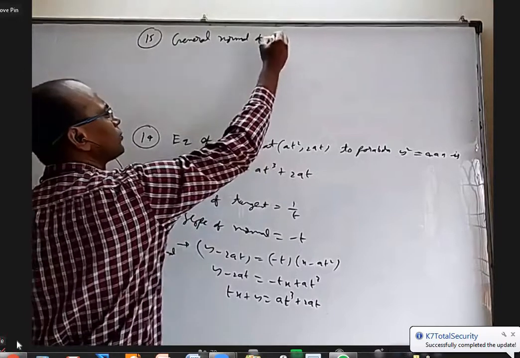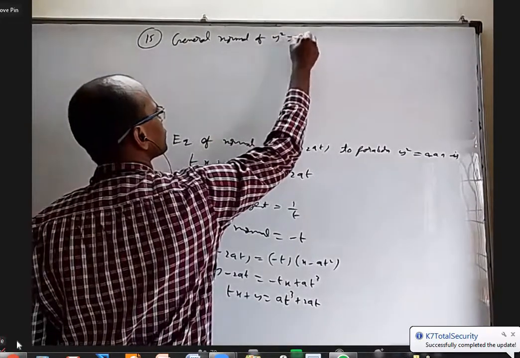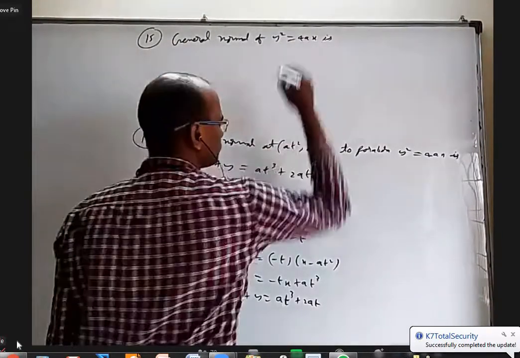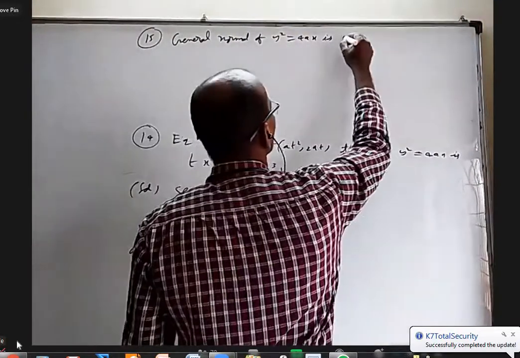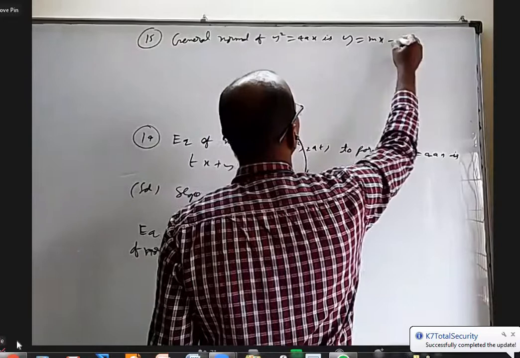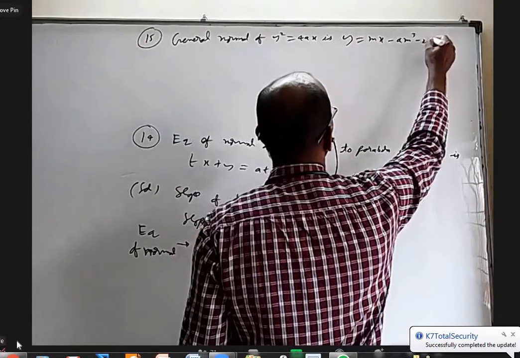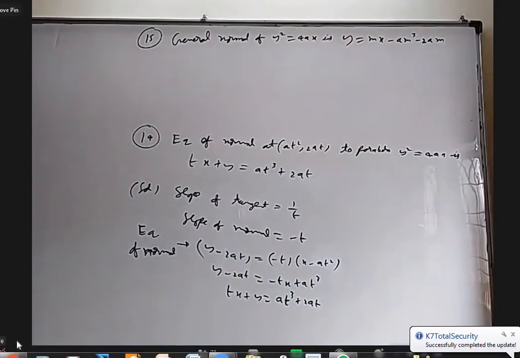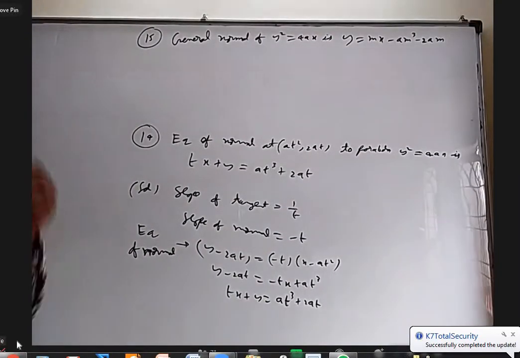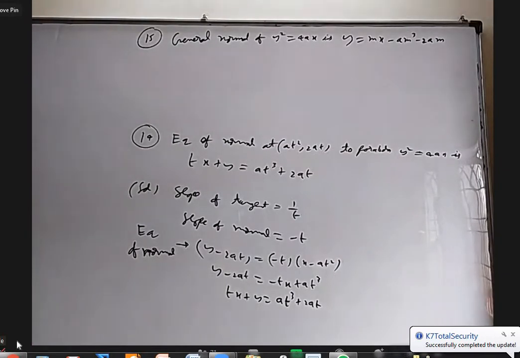The general normal of y² = 4ax is y = mx − am³ − 2am.